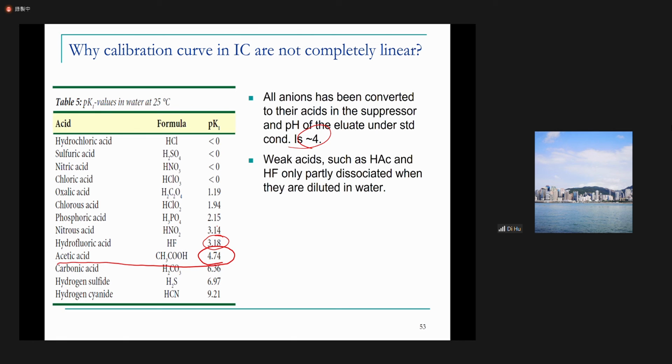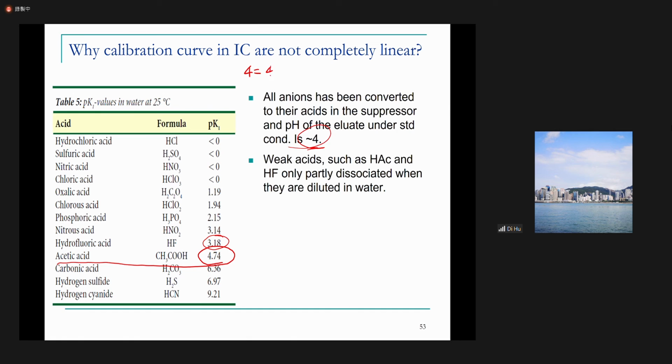That means especially for acetic acid, now it's under an even more acidic condition, so it's not fully dissociated, just partially dissociated when diluted. For example, now pH equals 4, right? How about we do this one here?